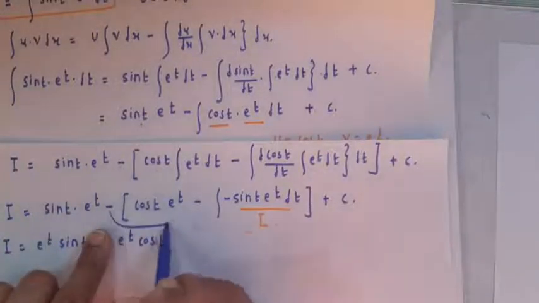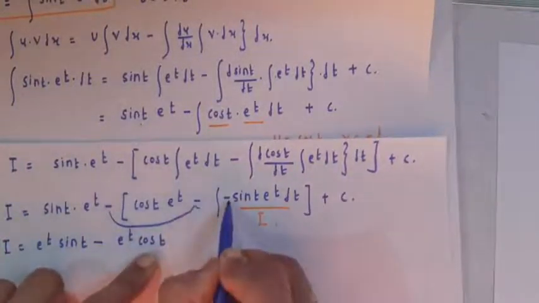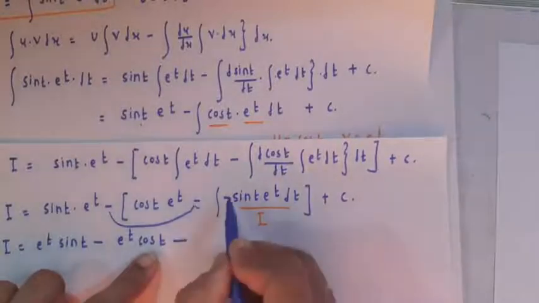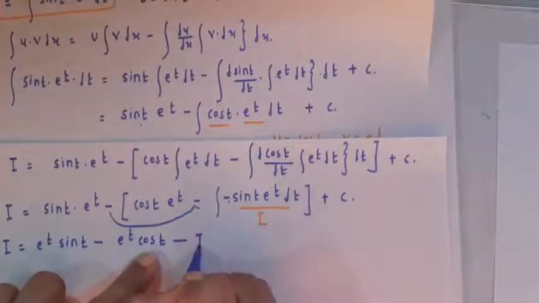The minus becomes plus, and again once type minus, that's why minus, and the value is I.